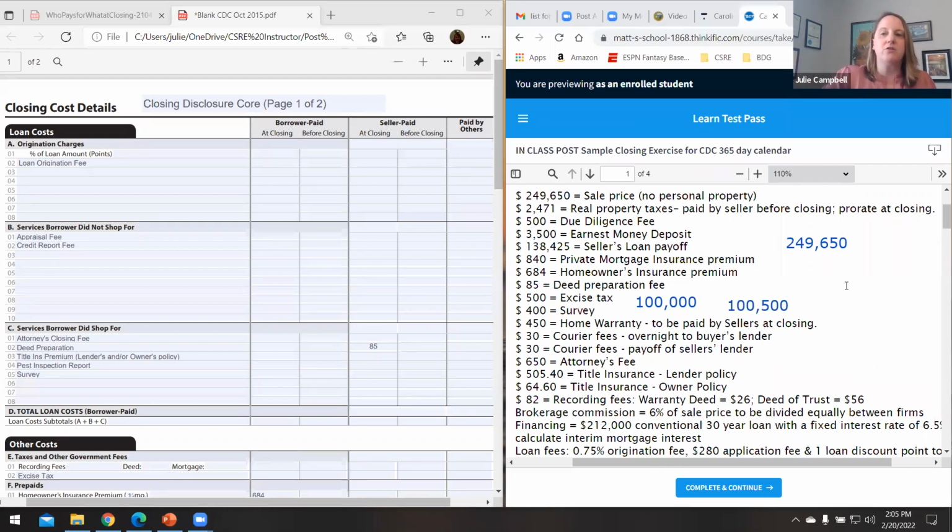So our purchase price of $249,650, I'm going to round up to $250,000. Now I have a number divisible by 500. Everybody see what we did there? If you take $249,650 and divide it by 500, you're going to get change. When you see change due an excise tax, just stop because you know you did something wrong.